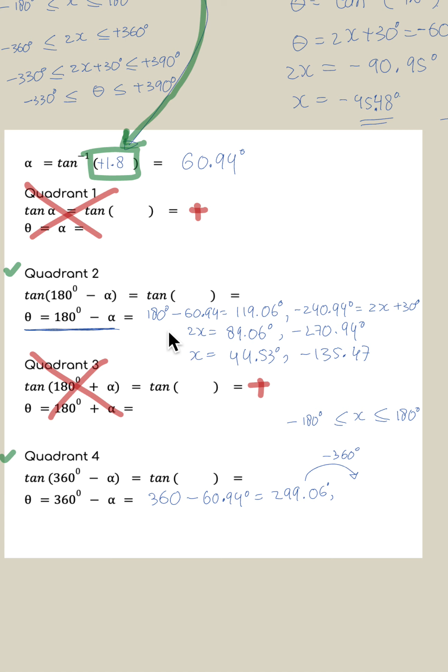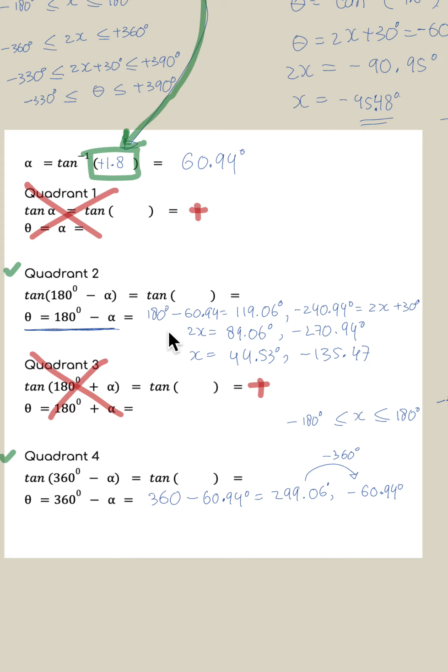Minus 360, you'll get negative 60.94 degree. Are they within the range? Yes, we can check here. Theta must be between 330 to 390. Yes, it's still within the range. Both numbers are within the range.